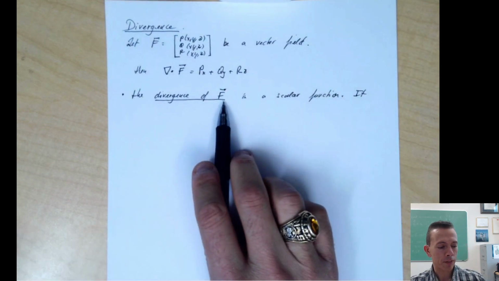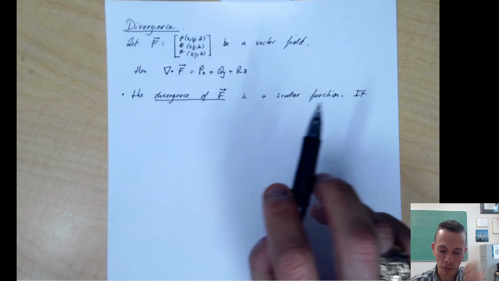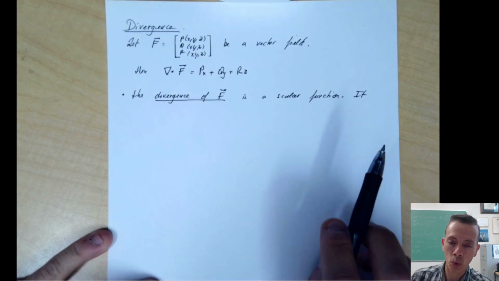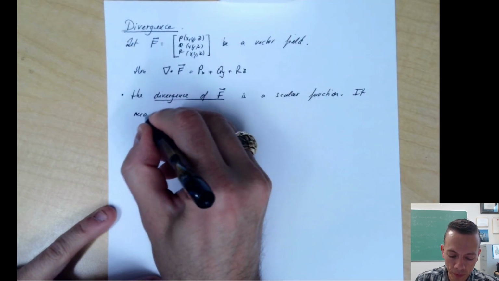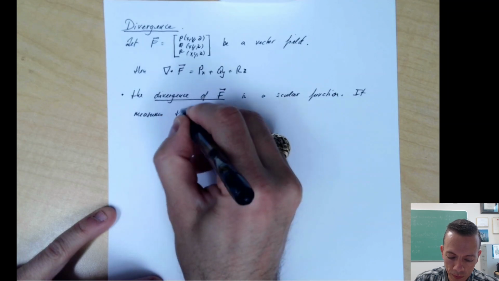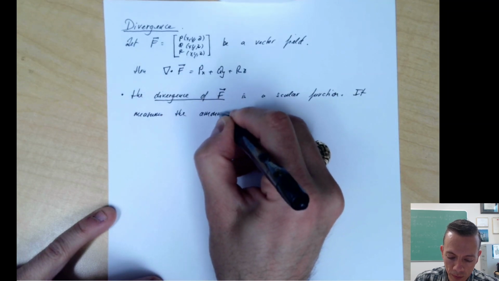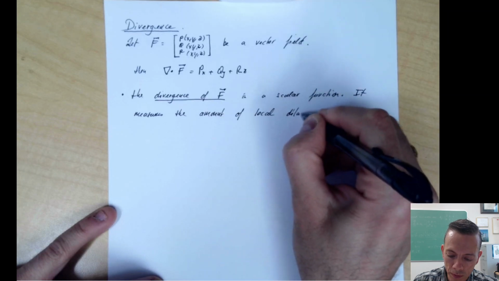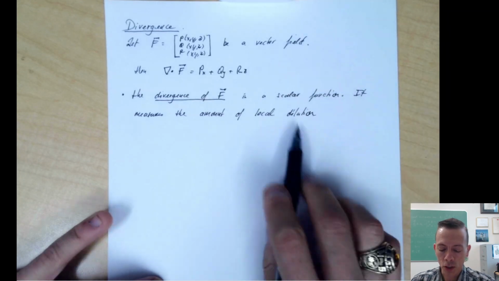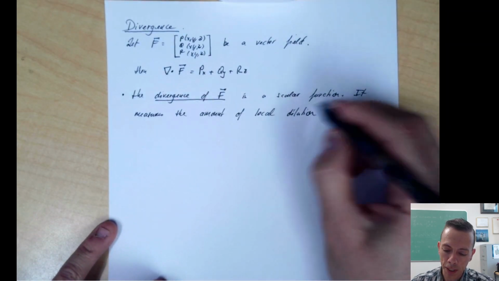This divergence quantity measures the amount of local dilation or compression of the vector field at every point. So dilation is if it's positive.